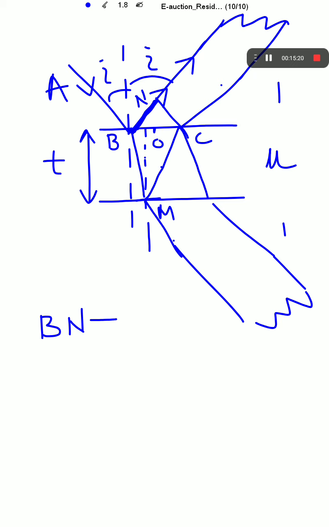So it is basically 2 times BM into index mu and thickness t.